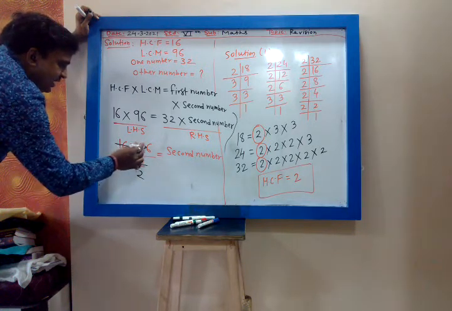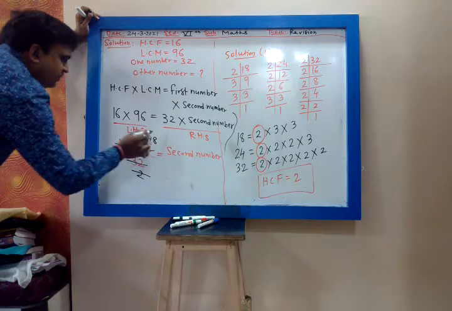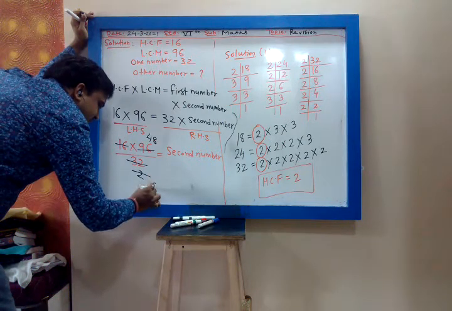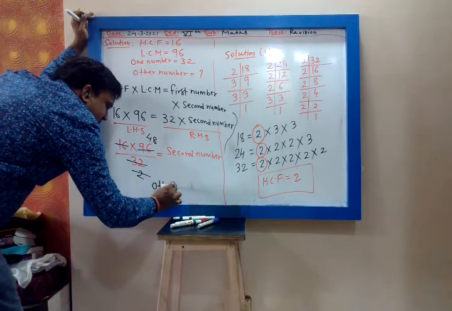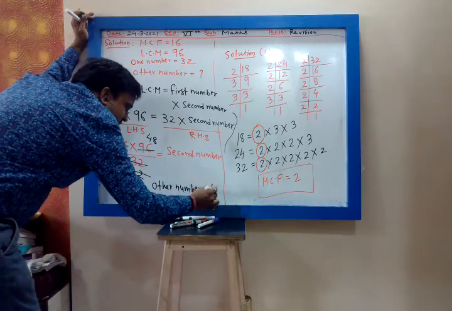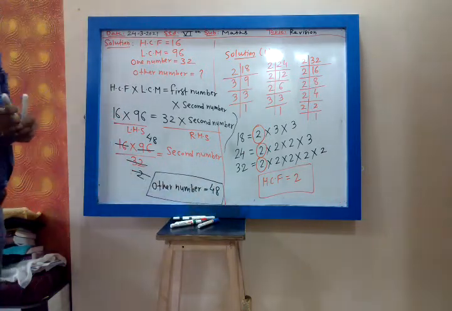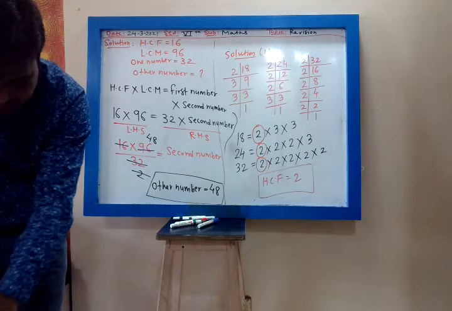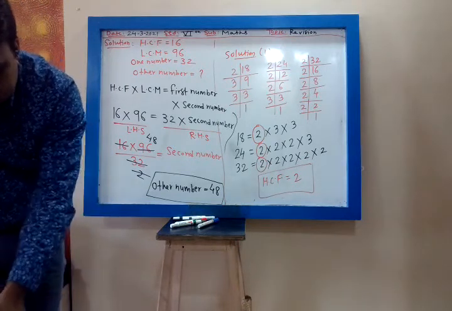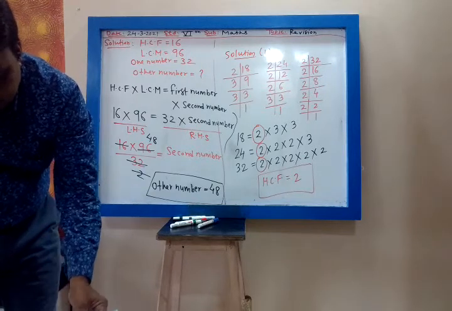Then cancel 96: 2 4s are 8, 2 8s are 16. 48 is the second number. So the other number, or second number, is equal to 48. This is the answer. Yes, is it clear? Very good.